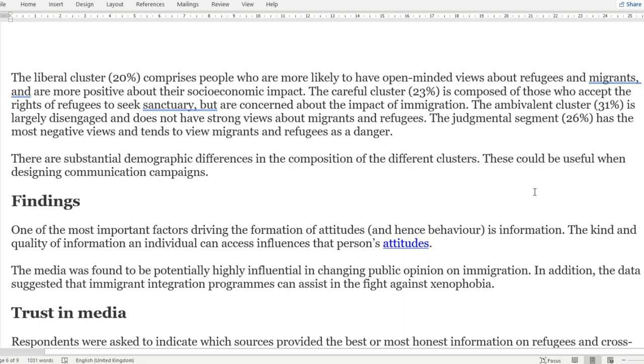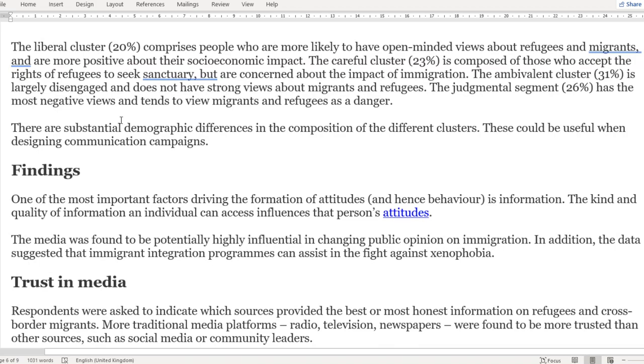These could be useful when designing communication campaigns, right? So because there are differences between them, when you do your communication campaign, you will know how to deal with each one. So those that are more positive and see that these immigrants are doing well, generally your questions will be differently suited for them.